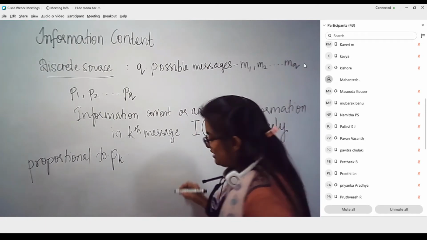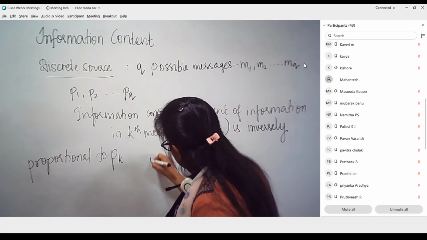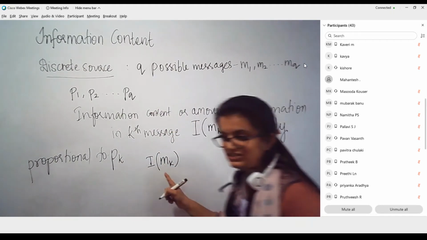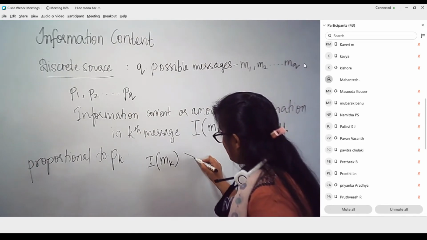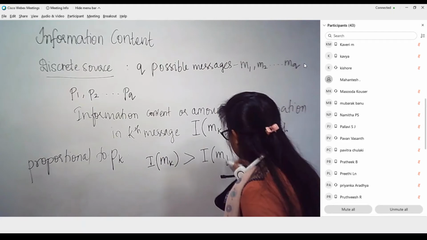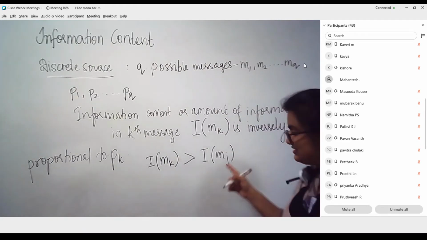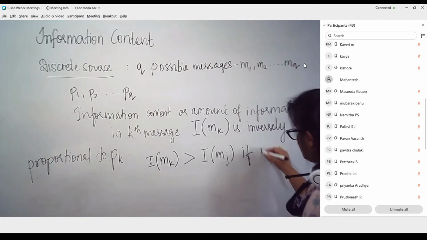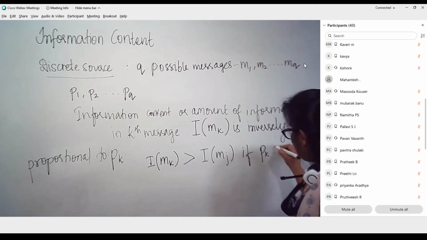Having said that, if I consider the message m of k, the information contained in m of k is larger than the information contained in message j if the probability of k is lesser than the probability of j.